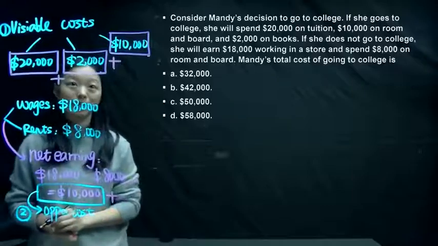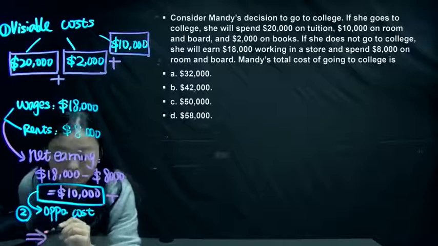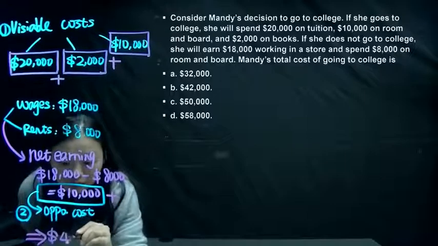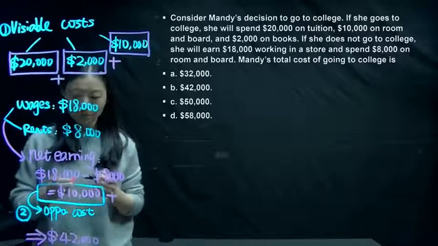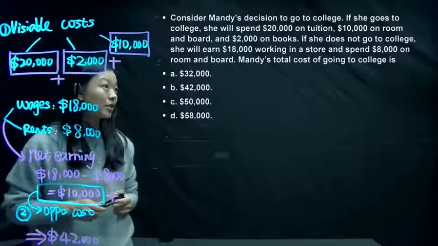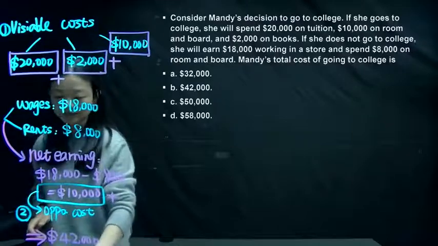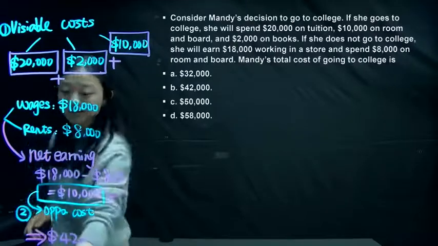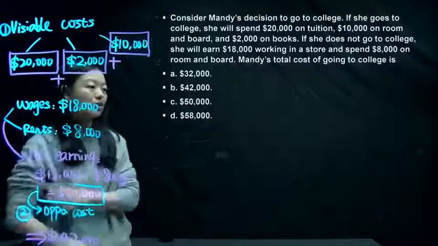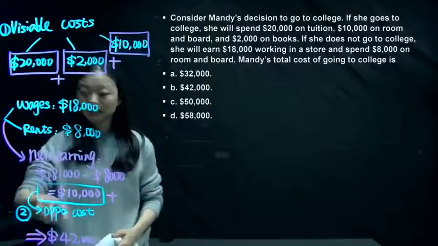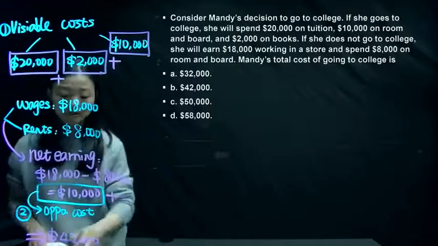You can get the answer, the total cost here will equal $42,000. Okay, so the answer could be option B. Understand? So this is the way that we compute the total cost. So after you're learning opportunity cost, don't forget to add this opportunity cost, okay? It is very important.